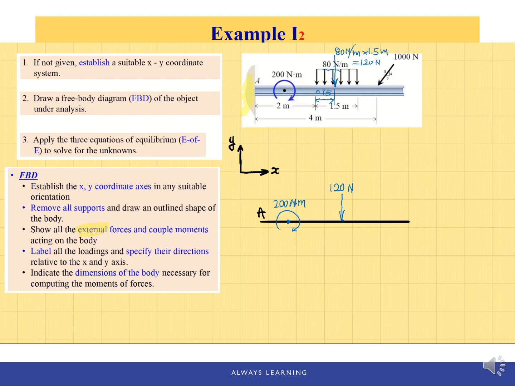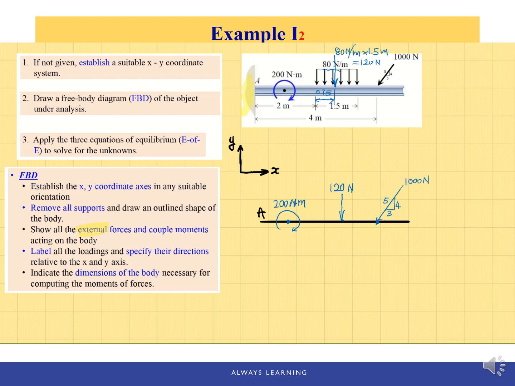And lastly, we have this concentrated load of 1000 Newton and with a direction triangle given. So this is 1000 Newton, and don't forget the direction or the slope triangle to help us resolve the force into x and y components.